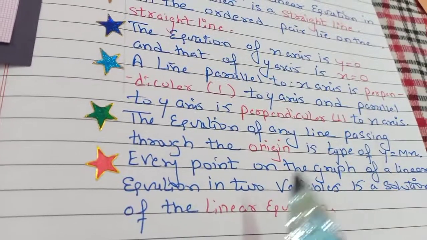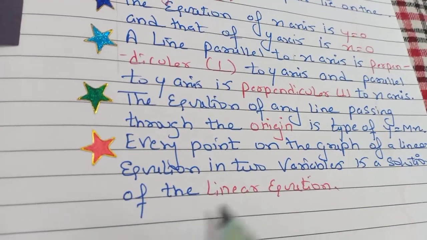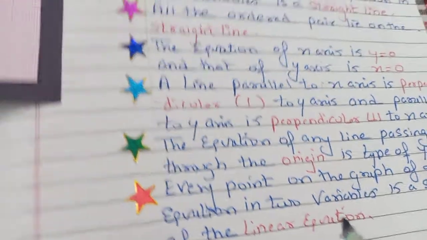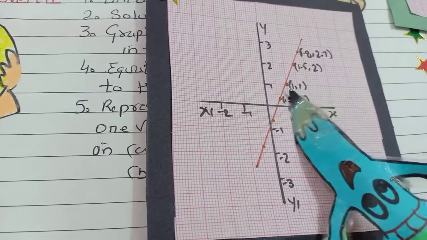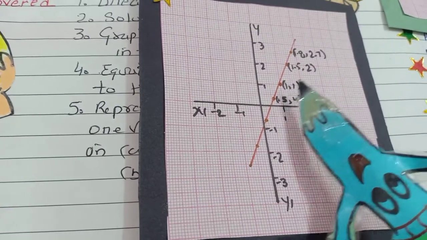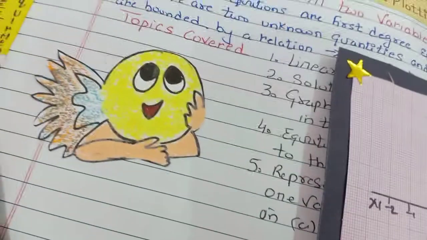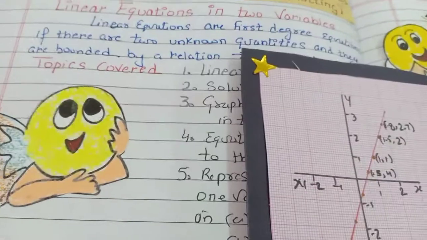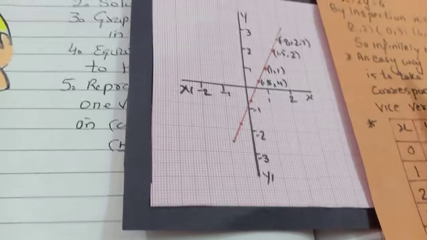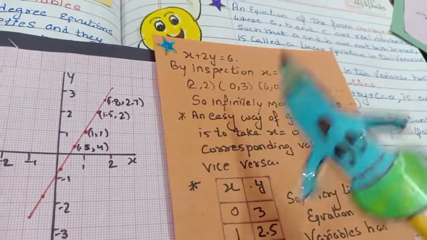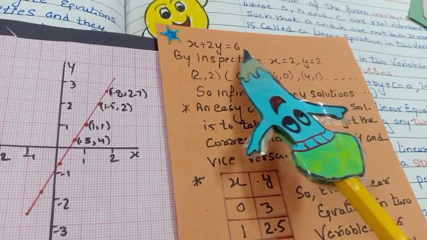Every point on the graph of a linear equation in two variables is a solution of the linear equation. Look at this graph again. This is also a solution of this equation. If I put a given value in a given linear equation and it is satisfied, left hand side equal to right hand side, only then it is a solution, otherwise it is not.